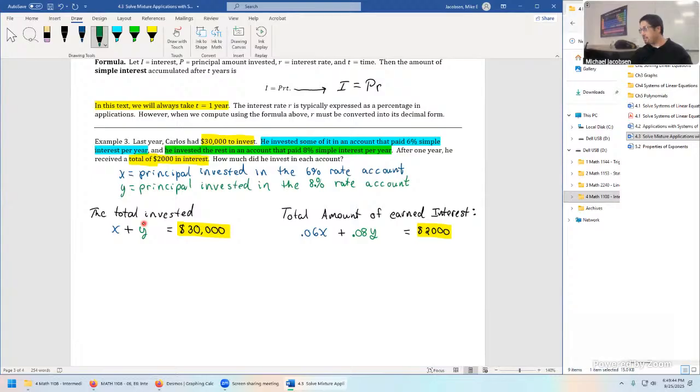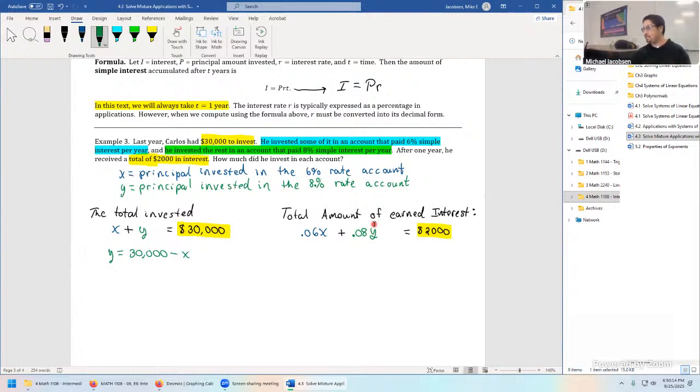So if we go with solving for y, y is going to be equal to x. Well, let me try again. We're subtracting x from both sides, 30,000 minus x. You know, I think I thought of that backwards. If we solve for y, we will get a negative in this problem. But let's keep on going just to emphasize that's okay when that comes up, and we'll show the algebra to maneuver through it.